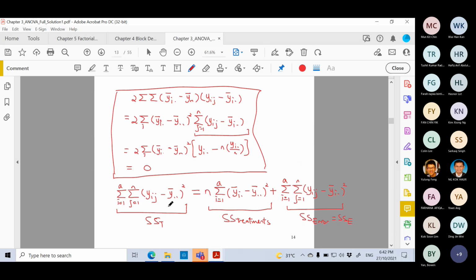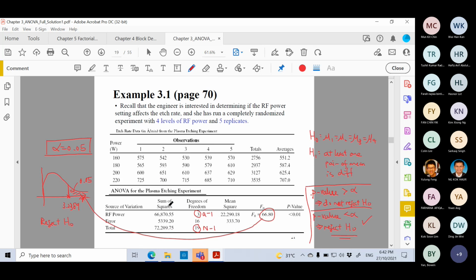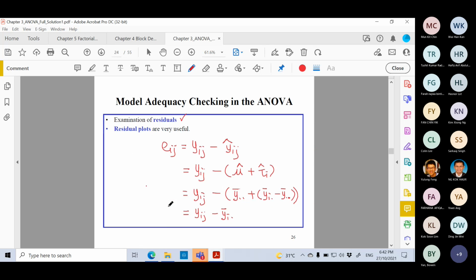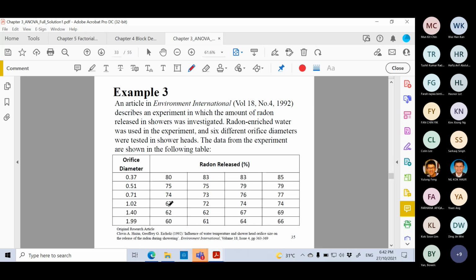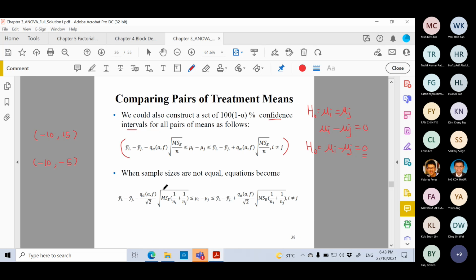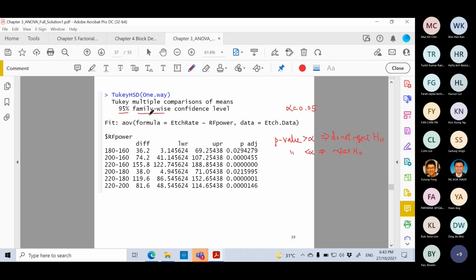As you can observe, the title here mentions that this is all 95% family-wise, they do it all together so that they maintain it at 95%. Okay, so the result shows that all the sample means are different.